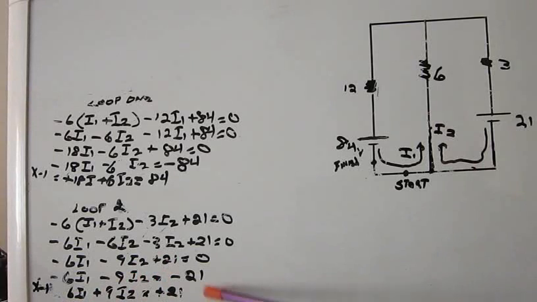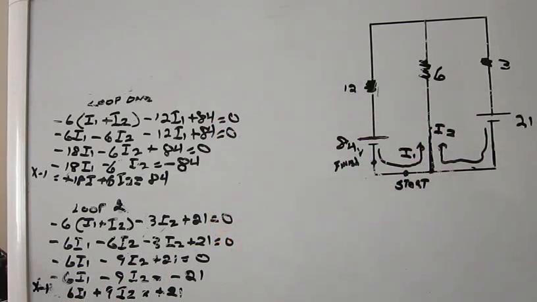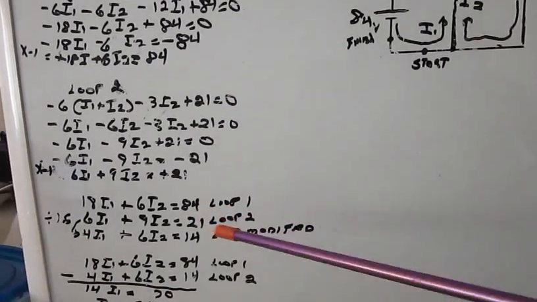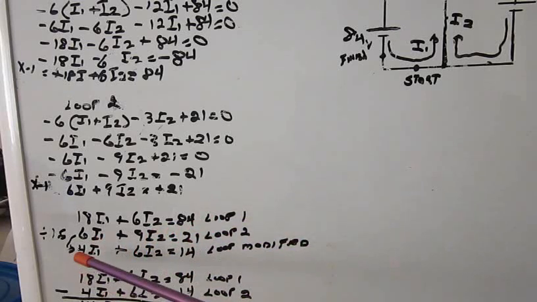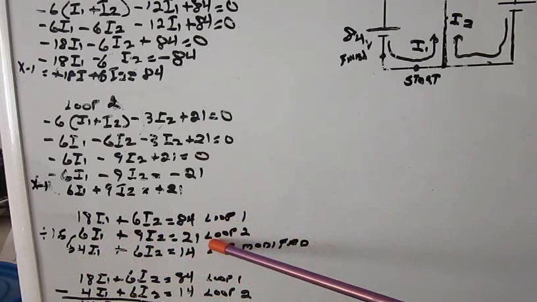To solve the problem, we now have to combine loop 1 and loop 2. We do that over here by substituting loop 1 again. This is loop 1, and here's loop 2, previously developed.